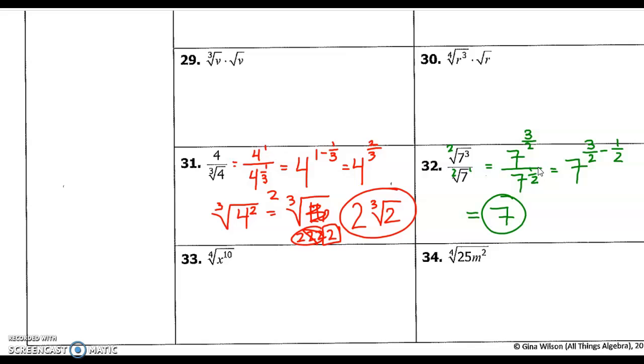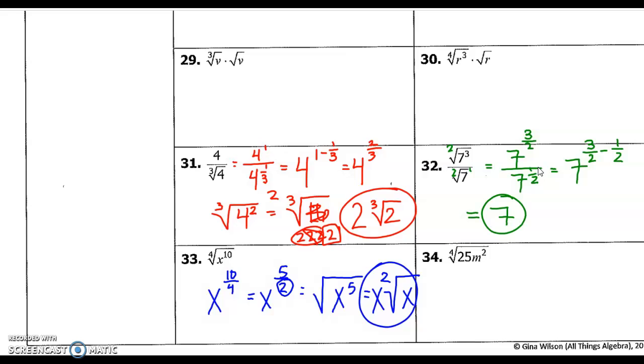Number 33, this is like x to the power of 10 over 4, right? Well, 10 over 4 would be 5 over 2. So that's going to be the square root of x to the 5th. If I have 5 x's and I'm making groups of 2, I can make 2 groups and have a leftover. So I have x squared times the square root of x.